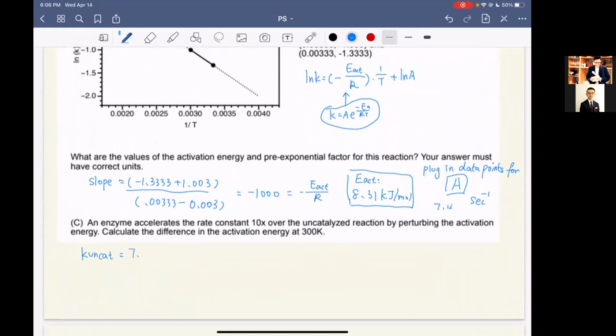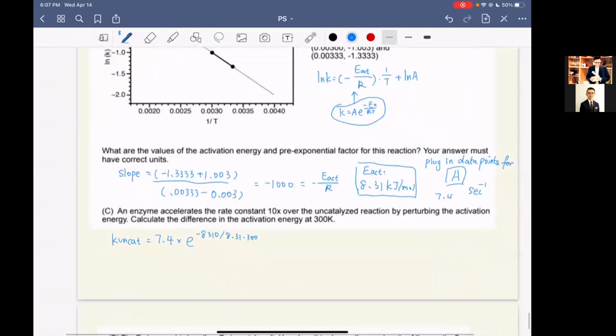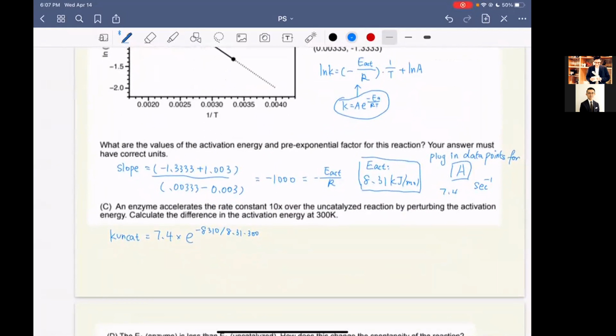So if you get 7.4 as the pre-exponential factor, then you multiply by e to the power of negative 8310 divided by 8.31 times 300. That's going to give you the k uncatalyzed, which is equal to 0.264 per second.